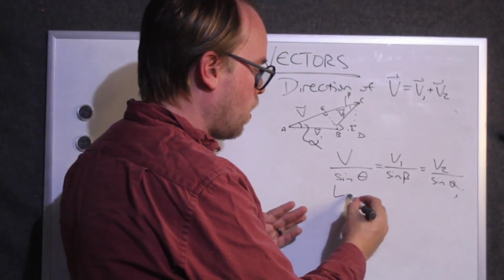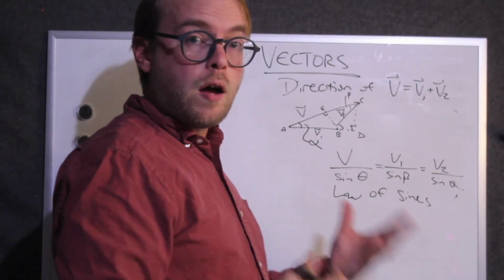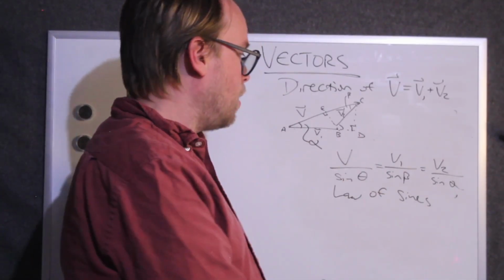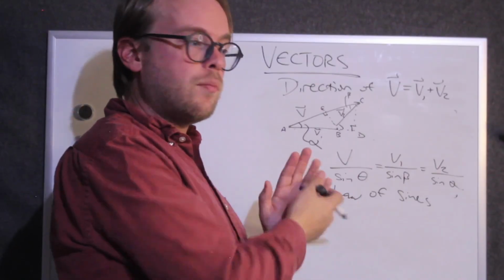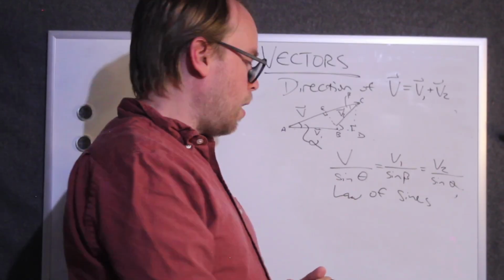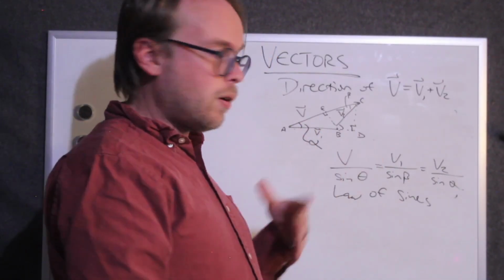This is called the law of sines. So law of cosines to get the magnitude, law of sines to get the direction. Now, sometimes the trigonometry can get confusing on this, and we'll look at that when we go into the problems on the next video for this unit. But that is basically the theory behind how it works.